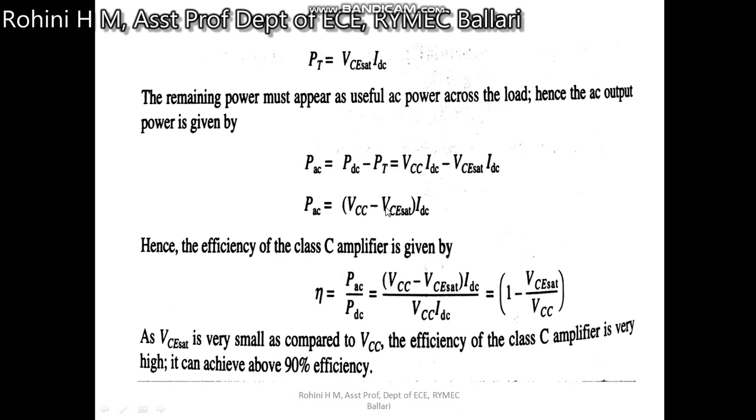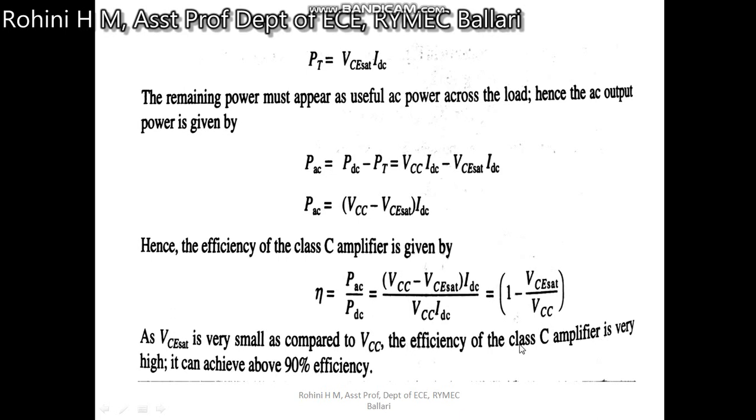When we substitute the above expressions, after simplification we get efficiency as 1 minus VCE sat divided by Vcc. If these two values were the same, the efficiency would be 0, but practically VCE sat is very small compared to Vcc.